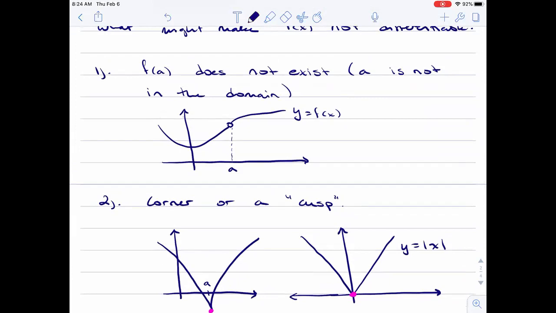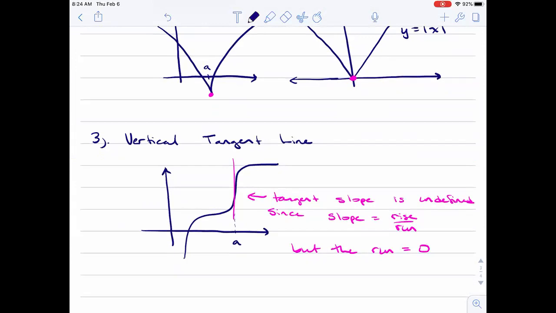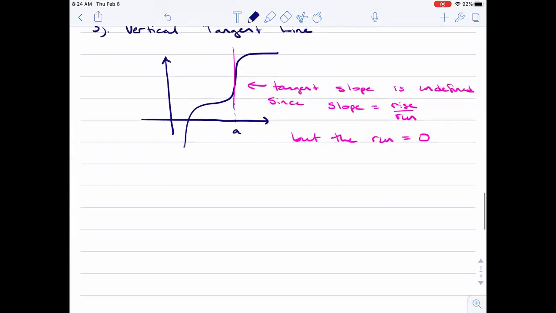It exists everywhere else except at these points A, or presumably it exists everywhere else.